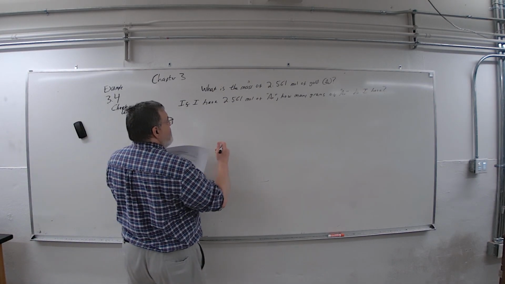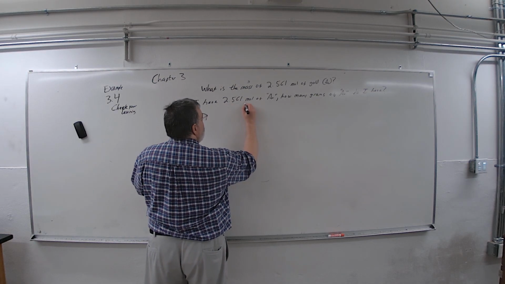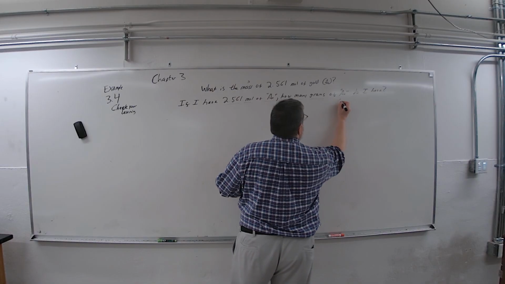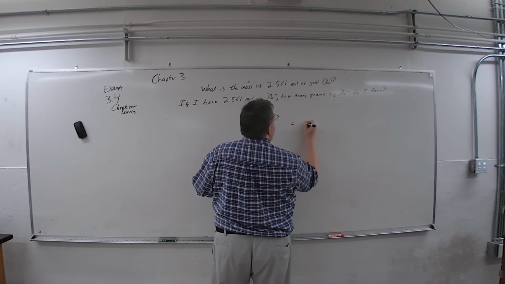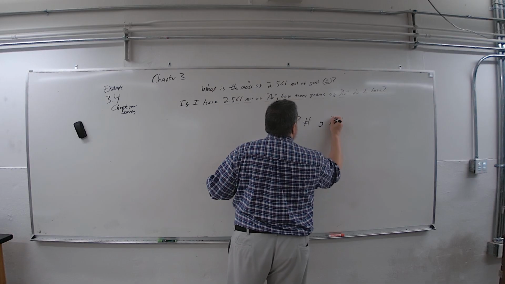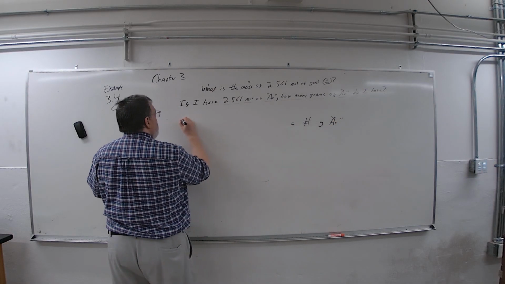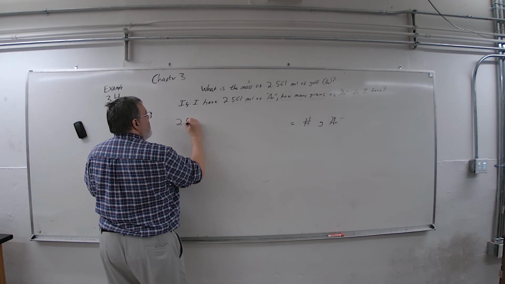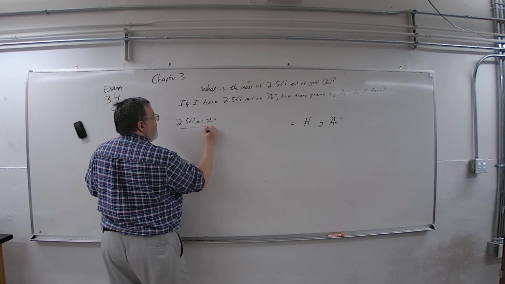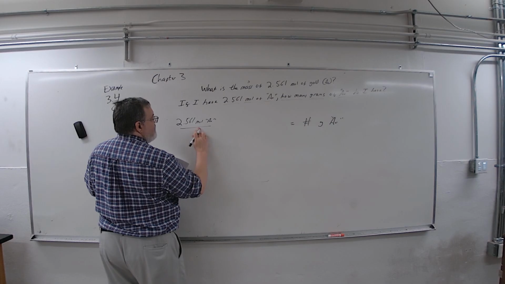So again, numerical value, unit, label equals some number of grams of gold. Over here, 2.561 moles of Au over just a 1.